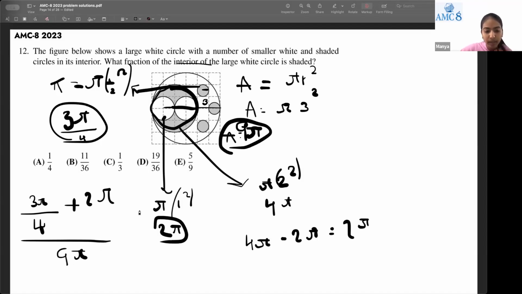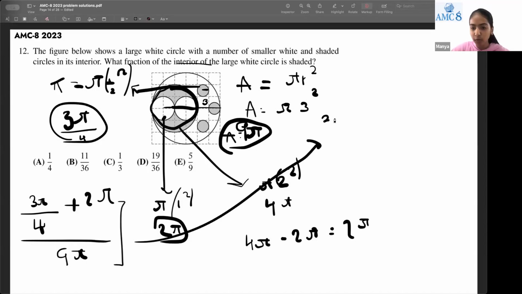And so 2 pi is just represented as 8 pi by 4, right? Because we can just multiply by 4. Since there's not much space here, I'll just write it here. And so we're going to be getting 3 pi by 4 plus 8 pi by 4 over 9 pi.